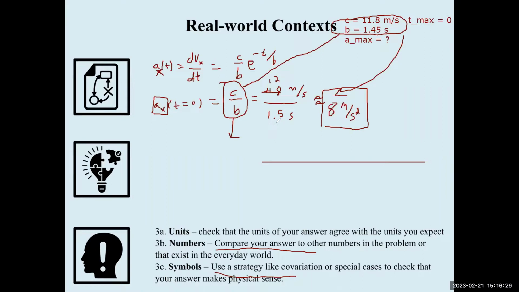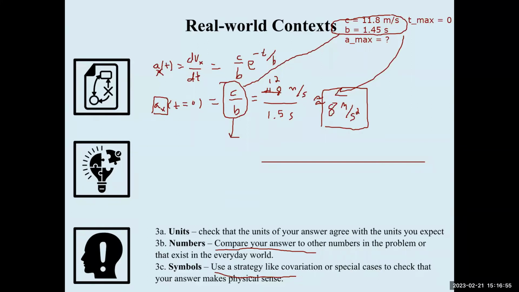I think a good way to do that is to think about what kind of quantity each thing is. To do that, I could think about the graph that I had, which told me something about the velocity. The c that we have here, the 11.8 meters per second, is actually the maximum velocity, which you can see if you make that graph numerically with a graphing calculator.